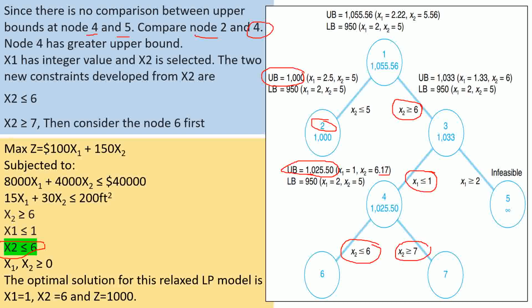Actually, all the decision variables have integer values, and z is 1000. Anyway, let's continue our iteration in node 7 just to confirm whether this one is the optimal solution or not.